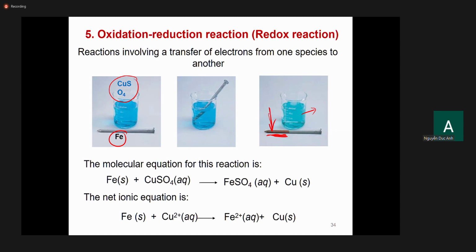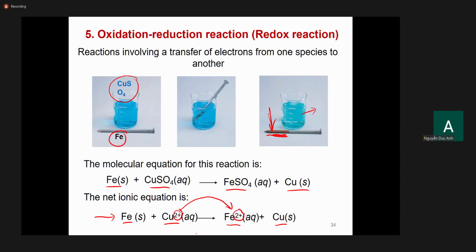So this reaction can be written down: iron plus copper sulfate becomes iron sulfate and copper, and the net ionic equation is something like that, in which iron reacts with copper 2+ and forms iron 2+ and copper. Now you see the charge is moving from copper to iron.